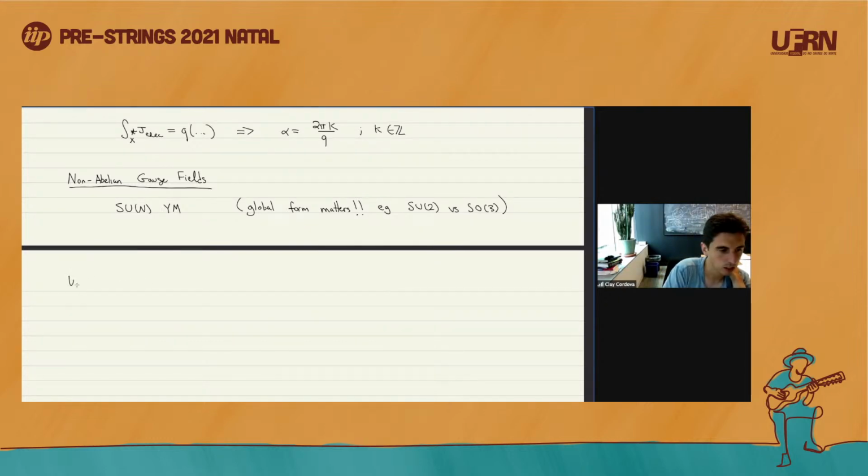The Wilson line operators are in one-to-one correspondence with representations of the group SU(N). Here you see that the representations of SU(N) really know what the global form of the group is. So this is one place where the global form of the group is really entering.